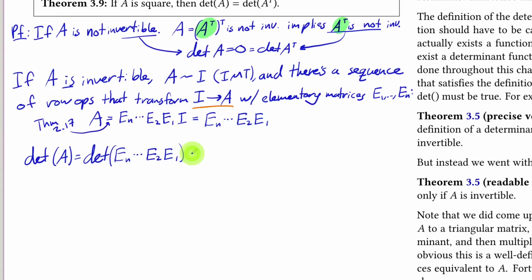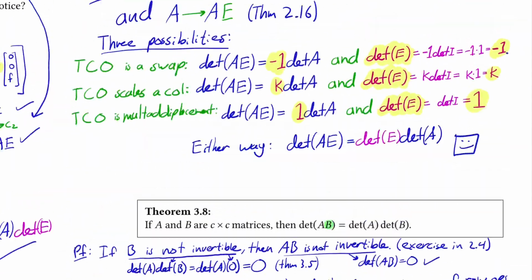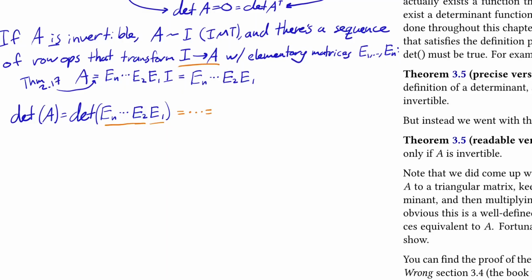The first thing we can do is the same trick where we apply lemma 3.7 a bunch of times. First, you separate out the determinant of everything up to E2 and E1. Then separate out E2 from that, and eventually you get all these determinants multiplied separately.